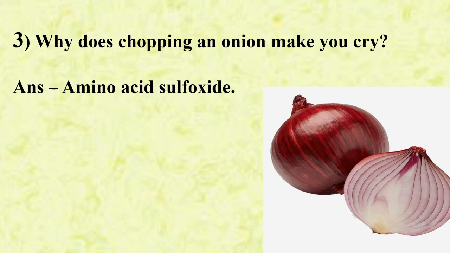Whenever we cut an onion, the cells break and release a chemical in the form of a vapor. Vapor means gas. When the vapor comes in contact with our eyes, a chemical reaction takes place between the vapor and the water present in our eyes, due to which mild sulfuric acid is formed, because of which our eyes start tearing.